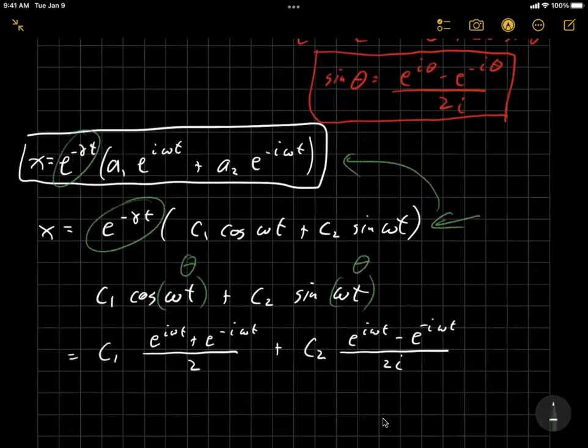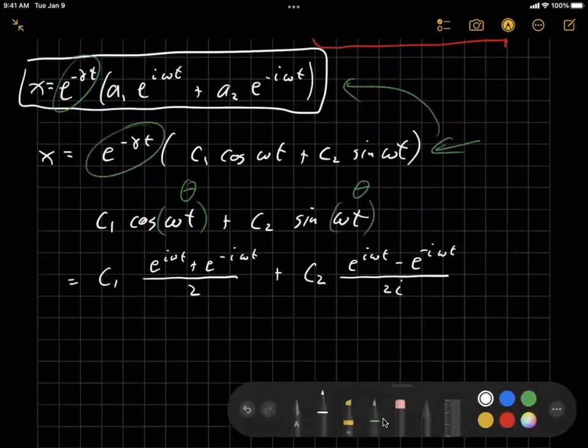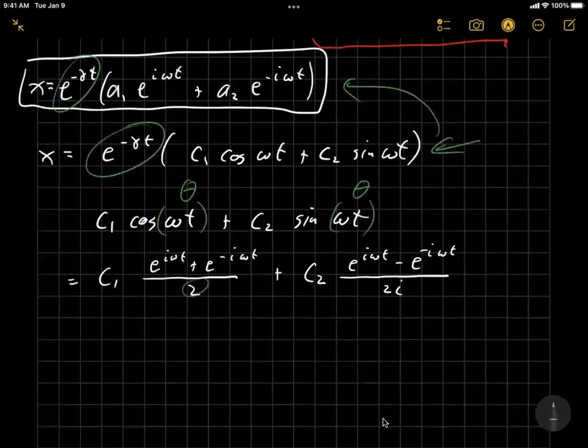All right. Now we want to do a couple little tricks here. Trick number one is, I'll bring the 2's out front. That's easy. But what I'm going to do is multiply this by I over I, and I times I is negative 1, so bear that in mind.